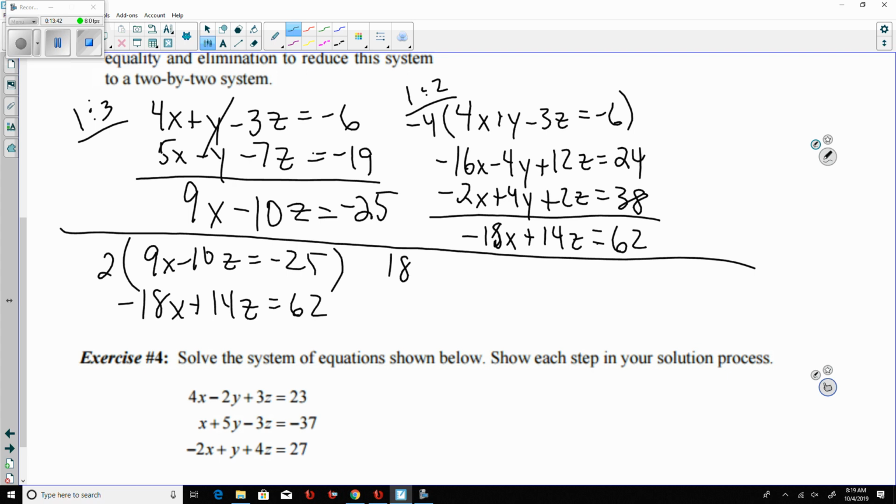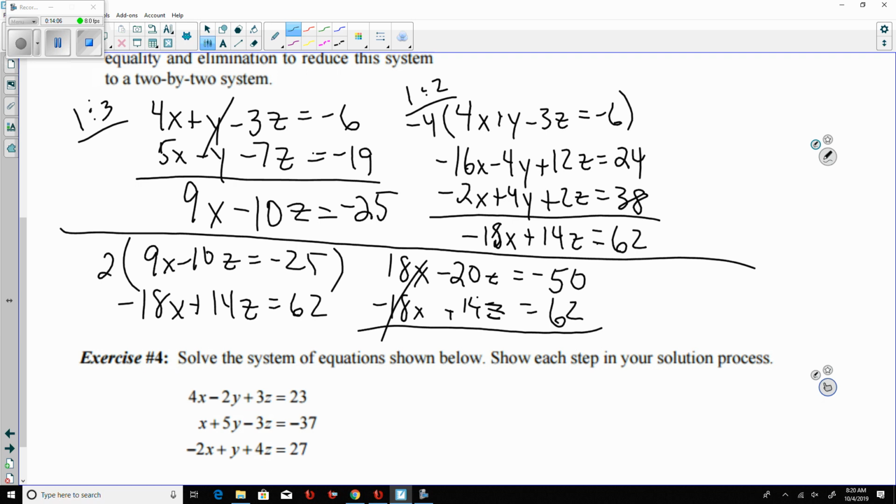So I have an 18x minus 20z equals -50. And then 14z equals 62. Okay, combine those, that's gone.